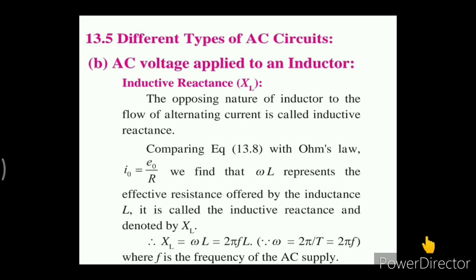Now when we compare the equation I0 is equal to E0 upon omega L, which is equation number 8, the maximum or peak value of the current I0, with Ohm's law, that is I0 is equal to E0 upon R, we find that the omega L term represents the effective resistance offered by the inductance L, and hence this is called the inductive reactance, denoted as XL.